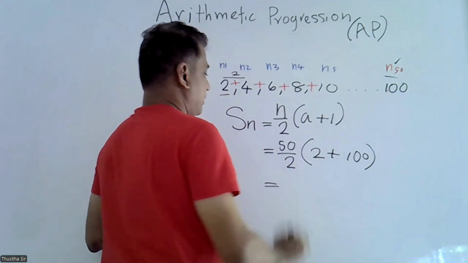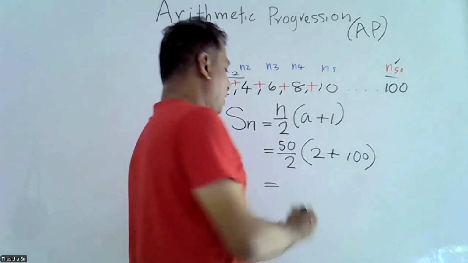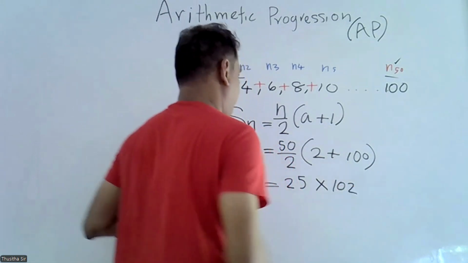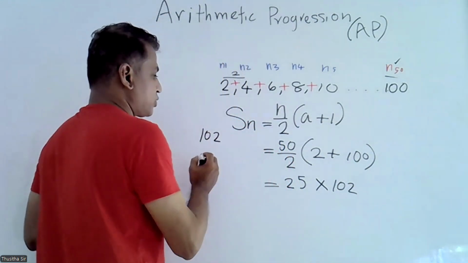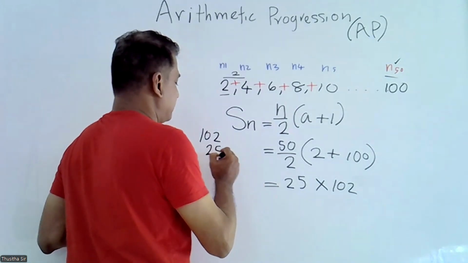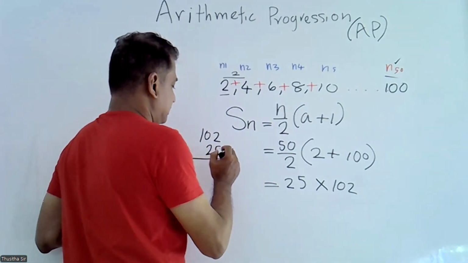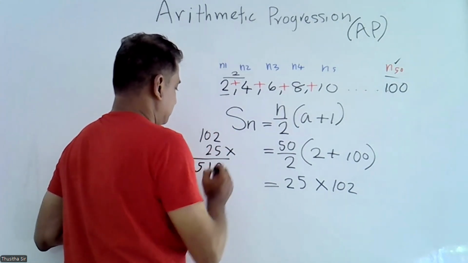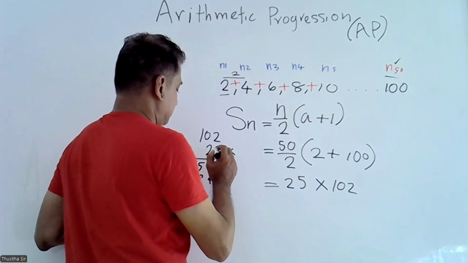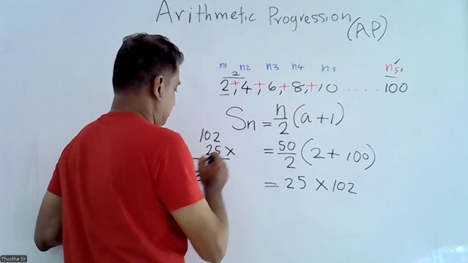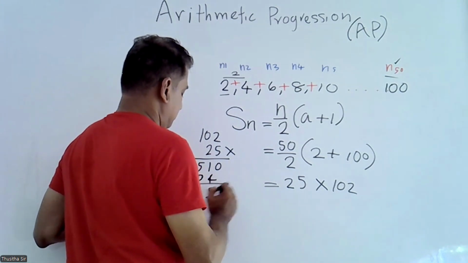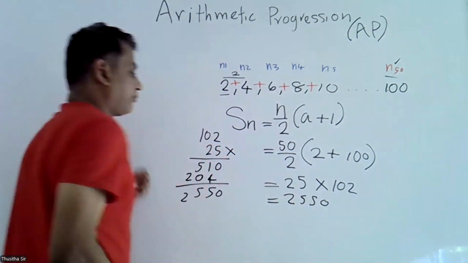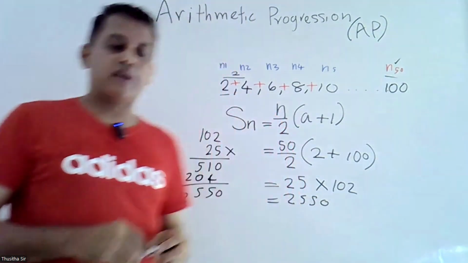So 50 divided by 2 is 25, and 2 plus 100 is 102. Now I calculate 102 multiplied by 25, which is 2,550.